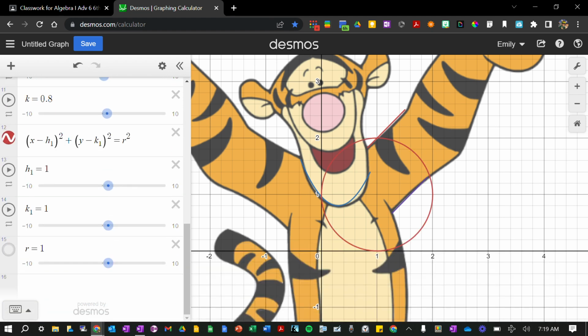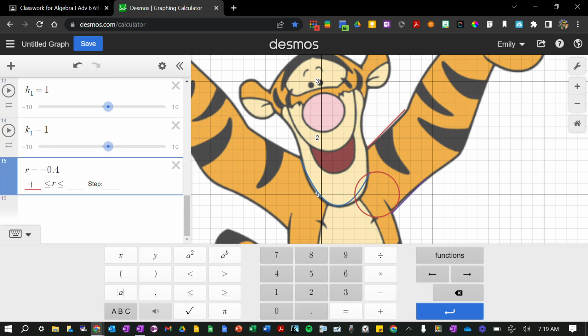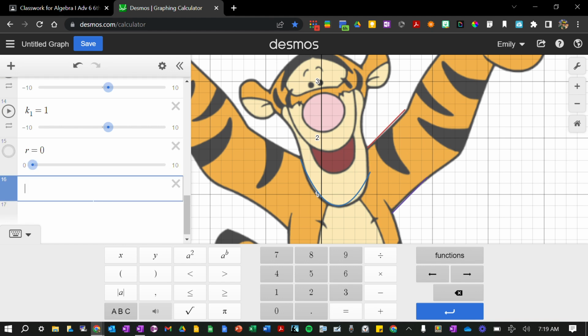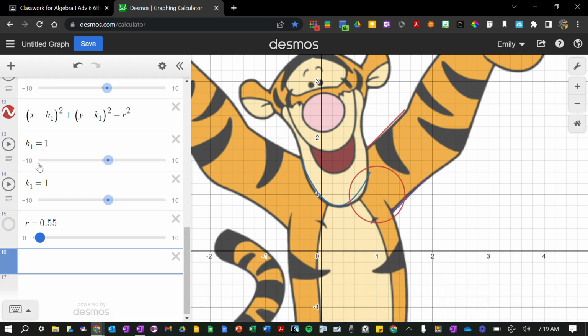So I'll have a slider for r as well. Okay, adding my sliders. Let's make this thing a lot smaller. I want some more control. Again, I'm going to make the steps smaller, so -10. Actually, I can't have a negative radius. 0 to 10. I'm going to step by 0.01. And now let's try. Okay, maybe something like that size, and I'm going to move it up until it's where I want it to be, and I'm going to move it over until it's where I want it to be.